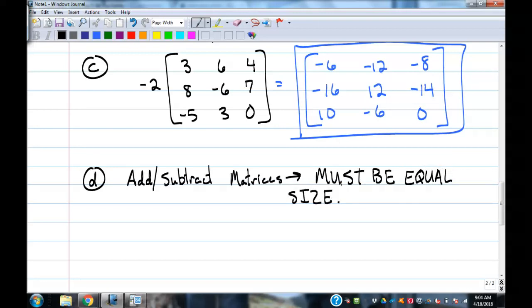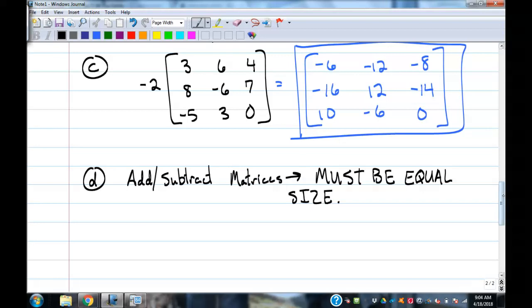So if you've got a 2 by 3, to add two matrices together, they both got to be 2 by 3s. They both got to be 4 by 4s or 4 by 8s. Whatever the size of one of them is, the other one has to be the exact same size in order to add it together. So for matrix addition or subtraction, they got to be the same size. If they're not the same size, it's called undefined.